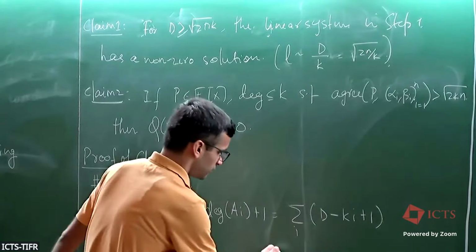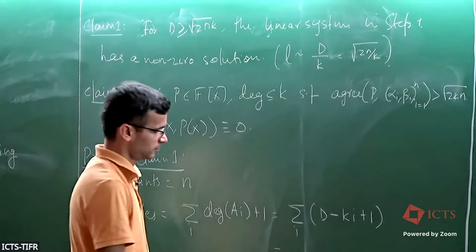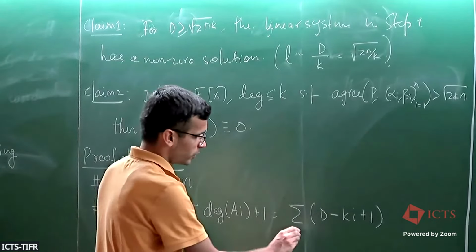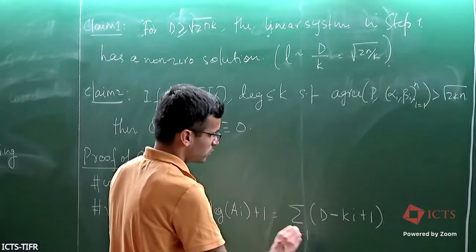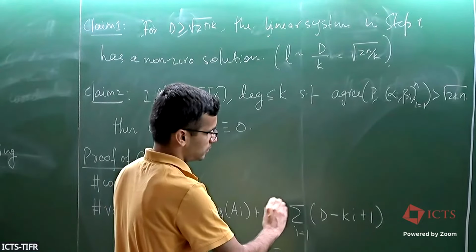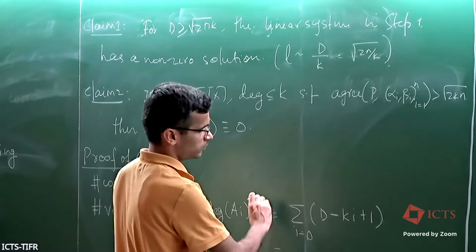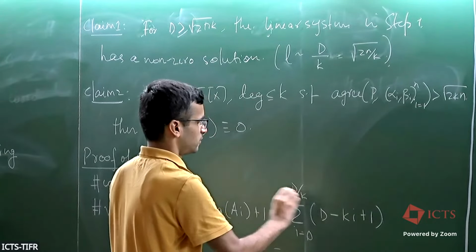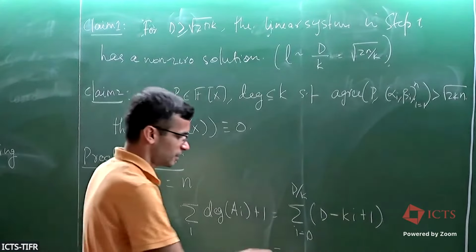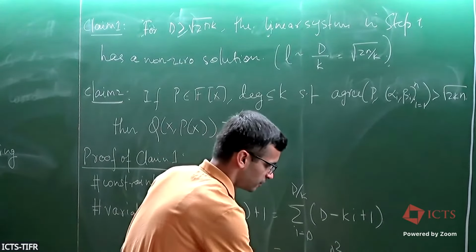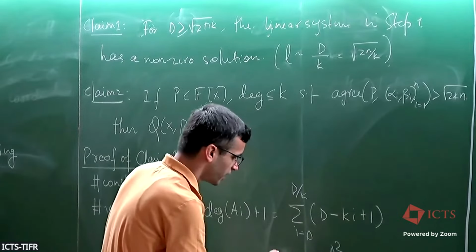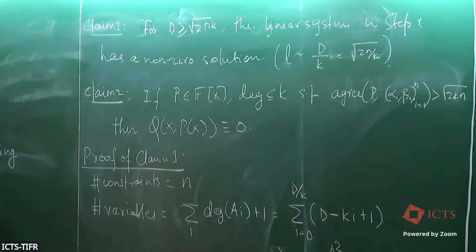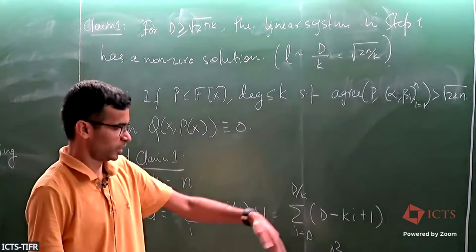So how do we do this summation? It goes from i equals 0 to roughly d by k. If you do this summation, you get something greater than d squared over 2k. You can do the summation.